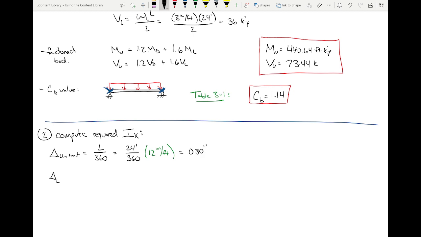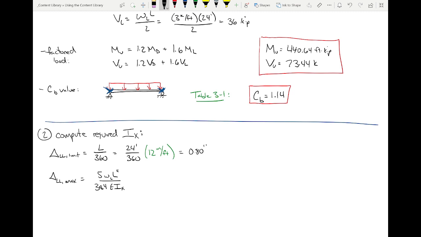Now our live load maximum deflection with a simply supported beam subjected to a uniformly distributed load is, if memory serves, 5WL to the fourth over EI, right?